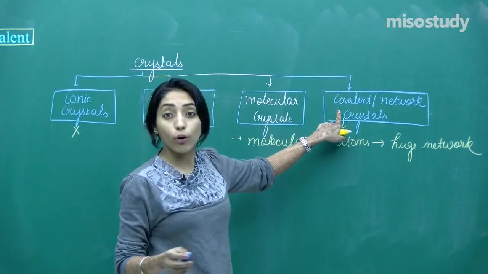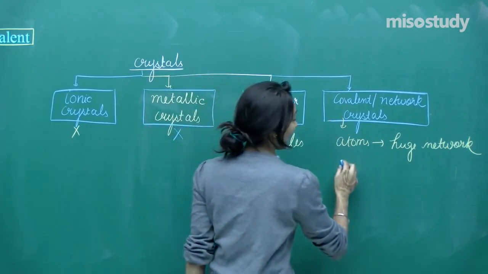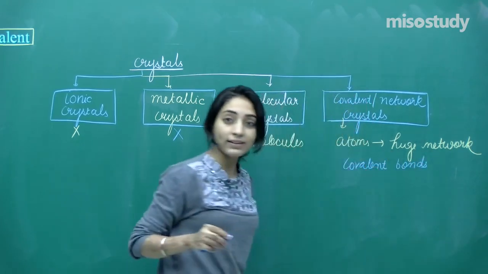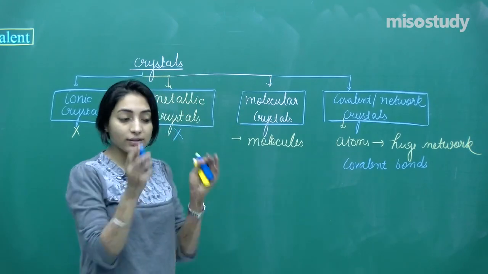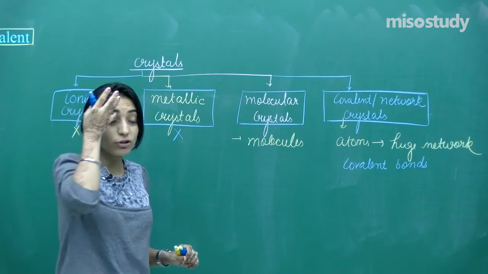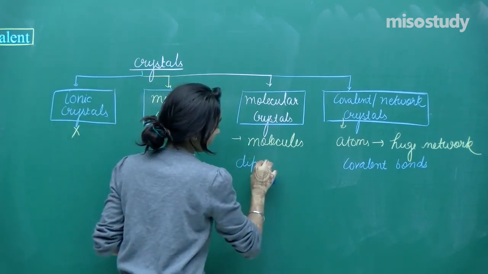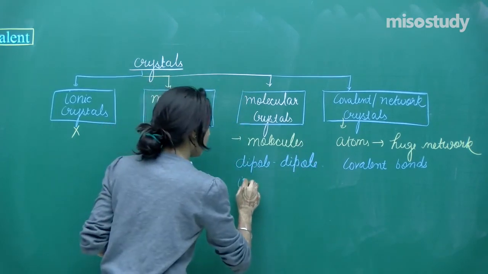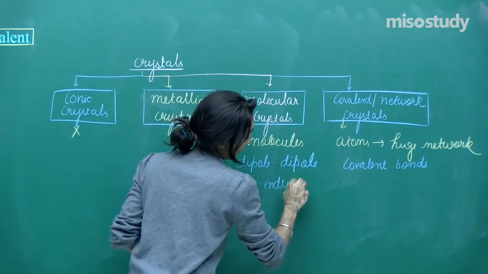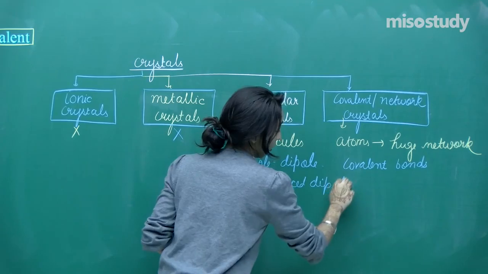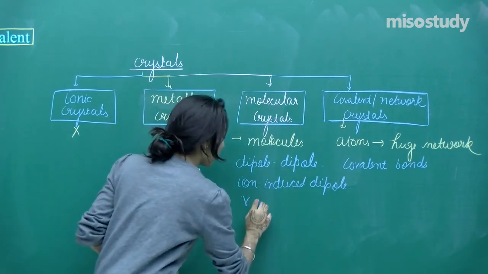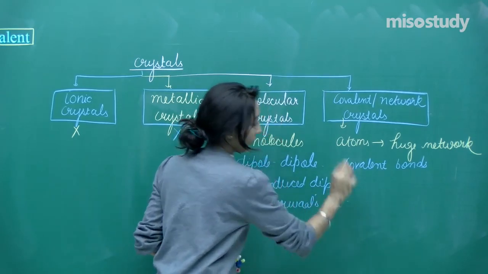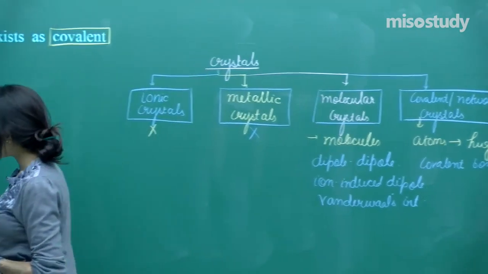Moreover, when we were talking about covalent crystals, I remember telling you that they have covalent bonds, whereas in molecular crystals, two molecules may be attracted to each other with the help of dipole-dipole interaction, or ion-induced dipole interaction, or maybe just van der Waals interactions. Let us try to figure out the cases now.